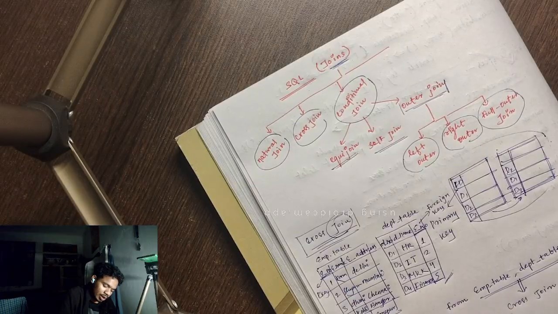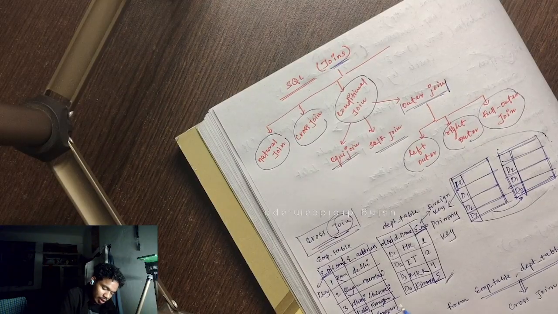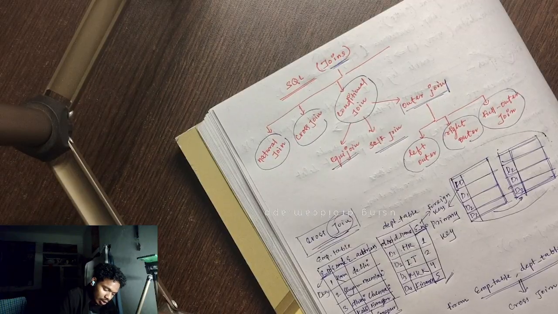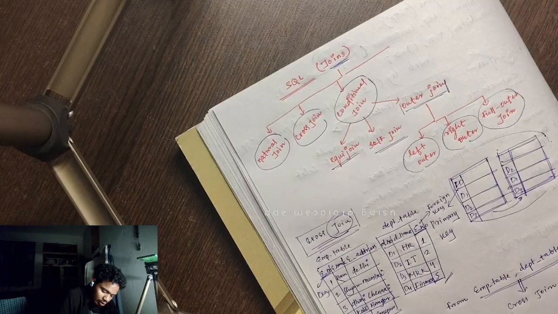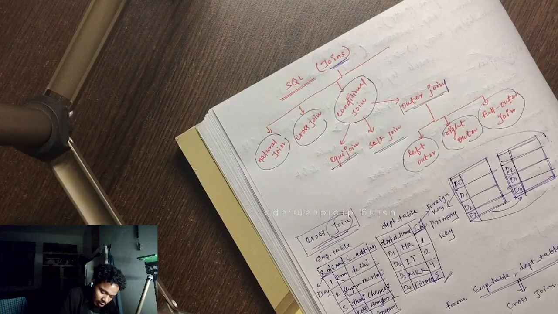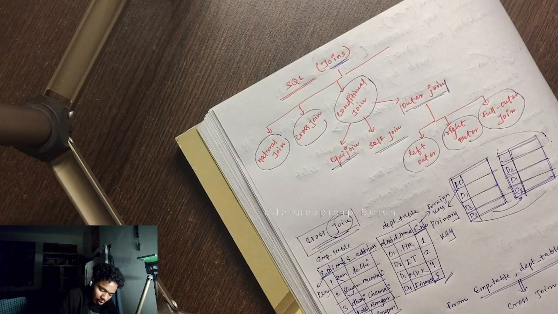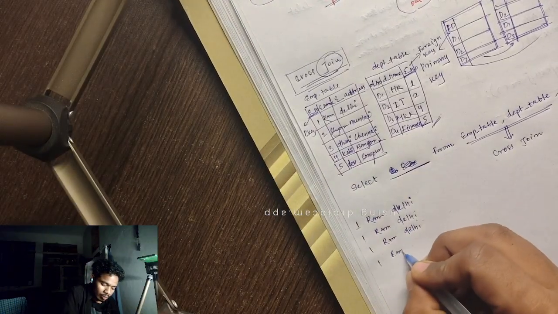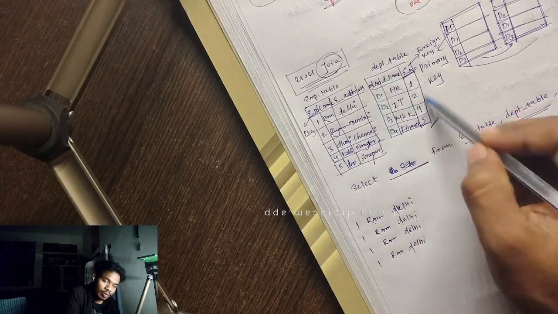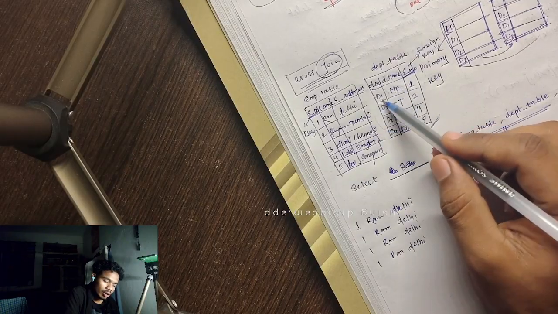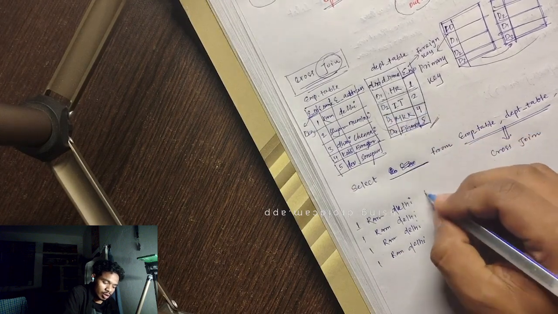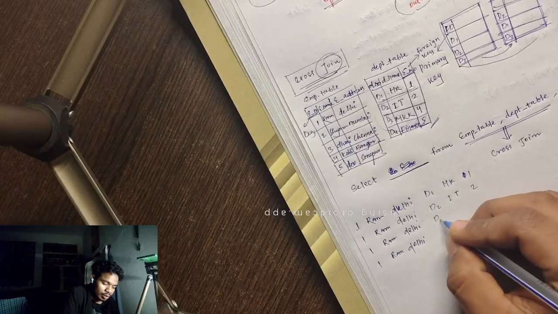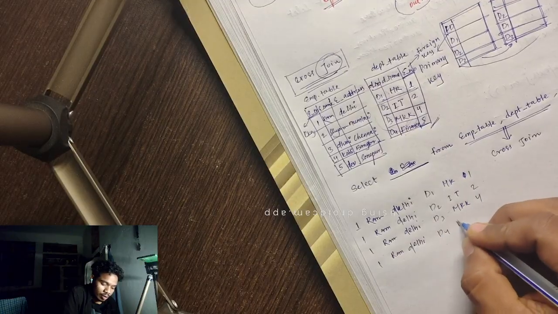Here we have Ram, and with Ram we will have one, Ram, Delhi, with each of the four department table rows: D1, HR; D2, IT; D3, Marketing; and D4, Finance.